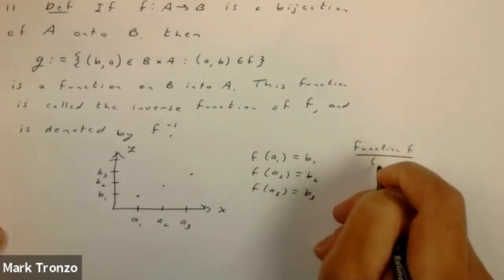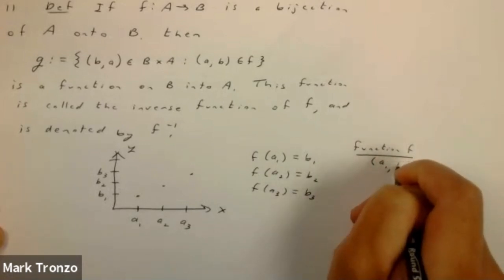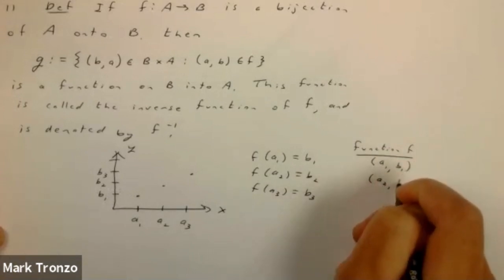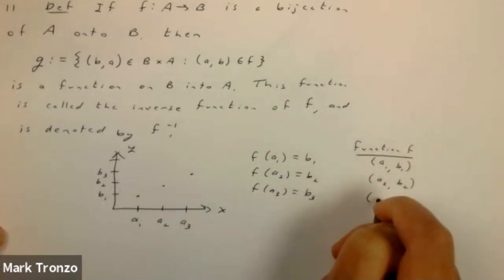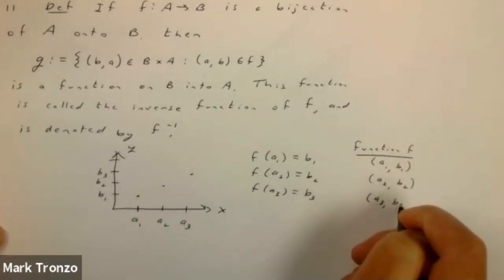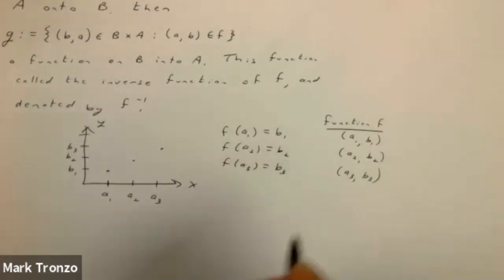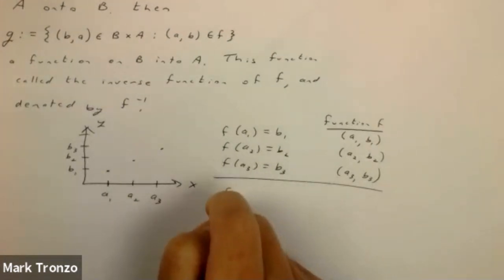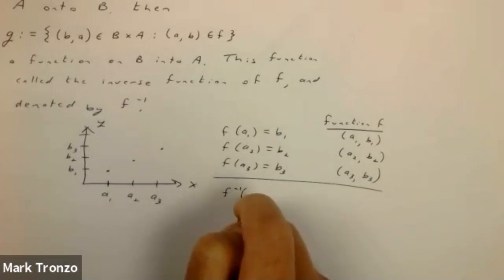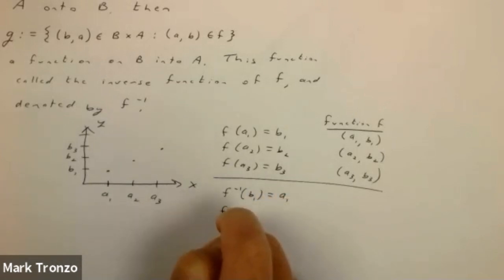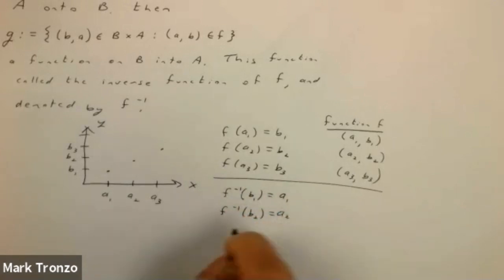Or another way to think of those is the function f is going to be something that has these pairs. Like this. And then the inverse function, if you put in B1, you get A1, B2, you get A2.